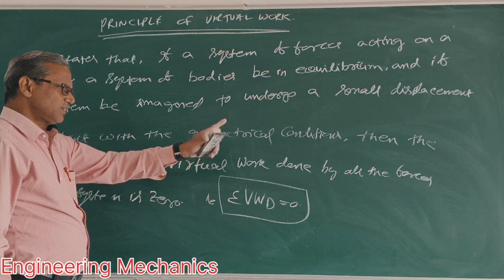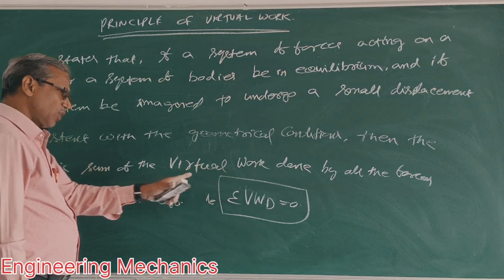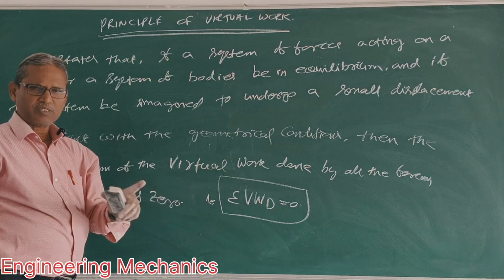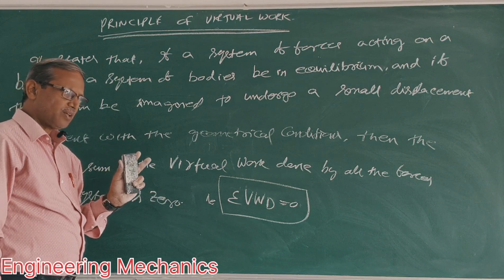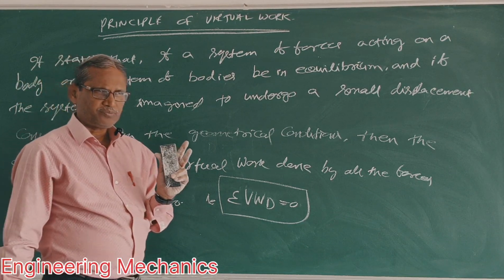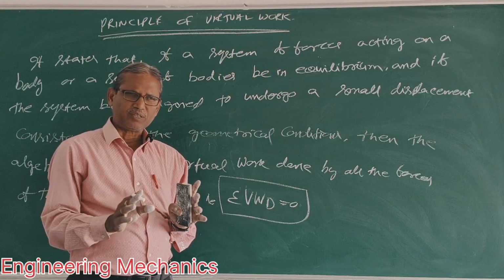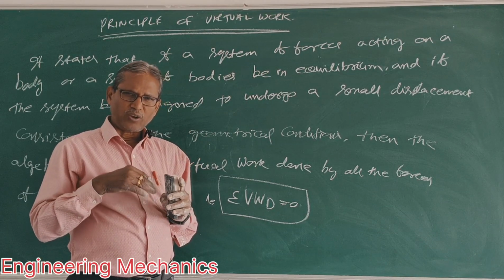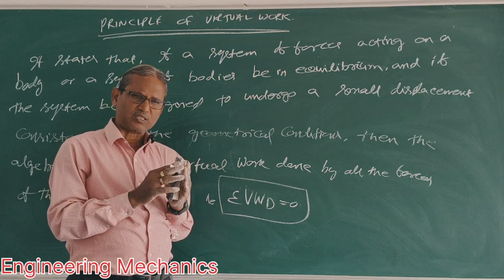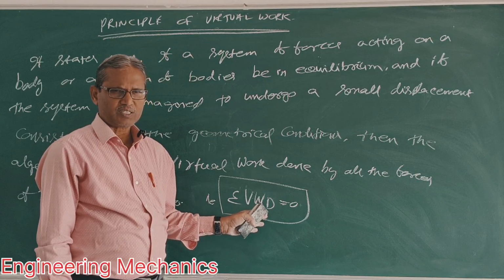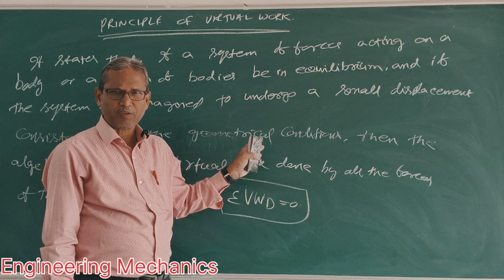Then the algebraic sum of the virtual work done by all the forces of the system is zero. That is sigma VW is 0. First find the virtual displacement for all forces acting on the body, then find the work done by each force, and make the summation of all forces equal to 0. This is the principle of virtual work.